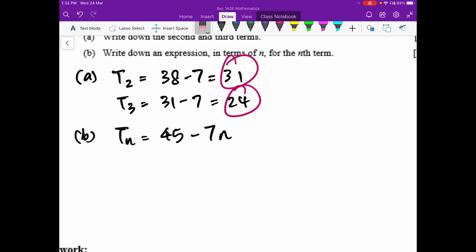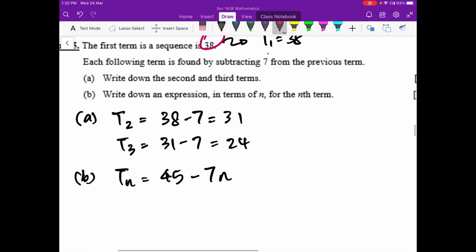Definitely subtracting 7, it has to appear over here. Look at what I had on the board. Common difference of 2. Can you see the 2n on the board? When I have a common difference of plus 2, I will end up with a 2n. When I have a common difference of minus 7, I will have a minus 7n. Yesterday's example, when I had a common difference of plus 5, we expect to see a plus 5n. Okay, now one part of it is done.